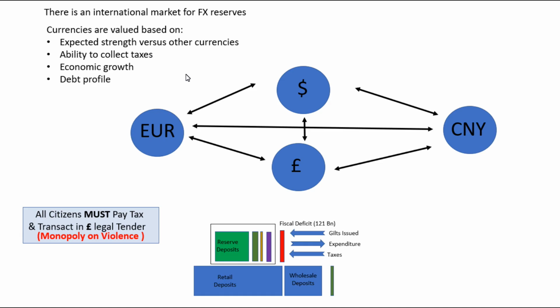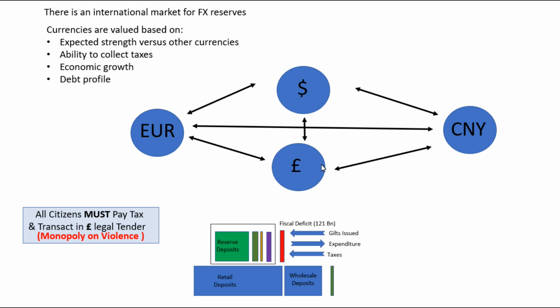So the expected economic strength of each country and its ability to collect taxes in the future, and its economic growth and its debt profile, this is how the currencies of each country in the world are stacked up and valued against each other.